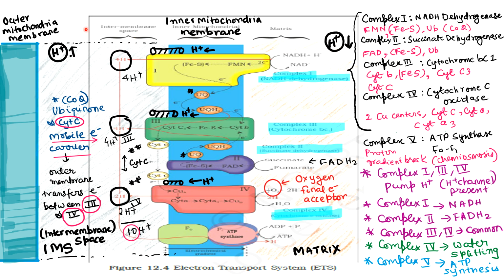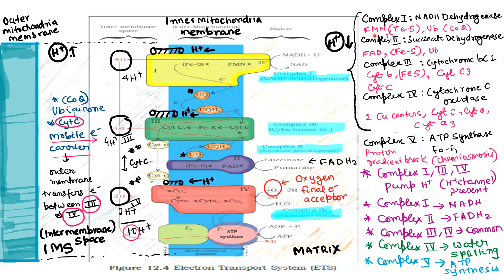Okay, so now what do we need? We need the proton concentration to be less in the matrix and to be more in the IMS. Is that clear? So now the NADH and FADH2 will be helping in releasing the electrons. So let's see how it happens.